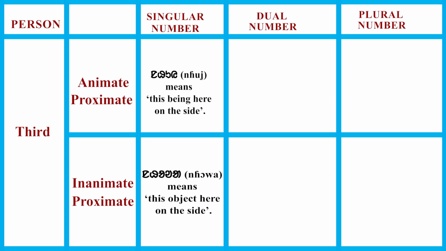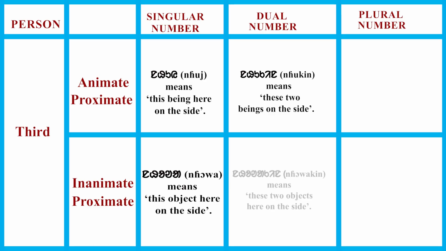Third person animate dual number in proximate: Nukin means these two beings on the side. Third person inanimate dual number in proximate: Nuakin means these two objects here on the side.